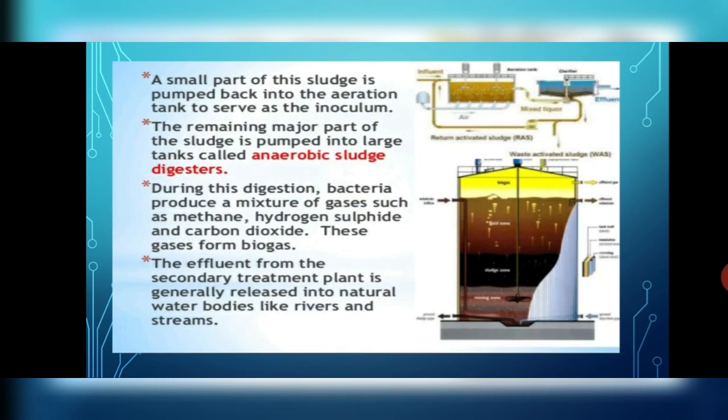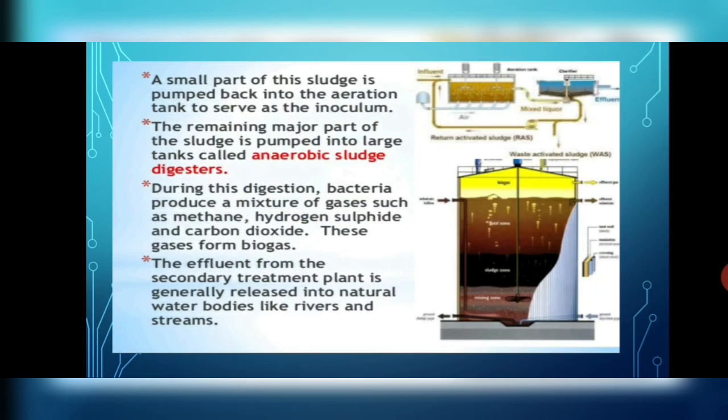Then this is sent to the anaerobic sludge digesters, where anaerobic respiration occurs in the presence of certain anaerobic bacteria like Methylotrophus, Methylophilus, many methanogens basically, which lead to the formation of biogas, which is a mixture of methane, hydrogen sulfide and carbon dioxide.